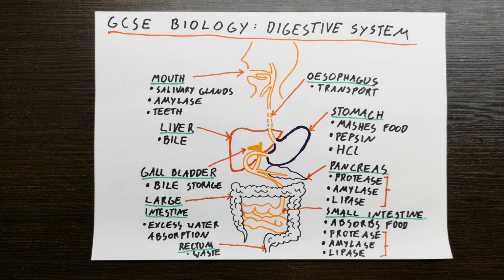Another function of bile is that it acts as a detergent. It emulsifies the fat. What do I mean by that? The bile mixes with fat, and it causes fat to form these little droplets within the bile. And because these little droplets form, they have a greater surface area compared to, say, a big blob of fat.